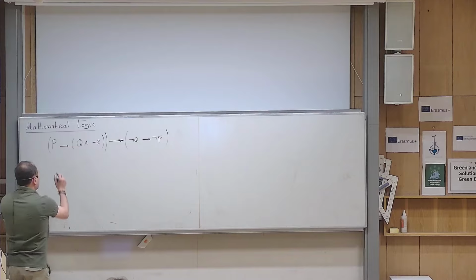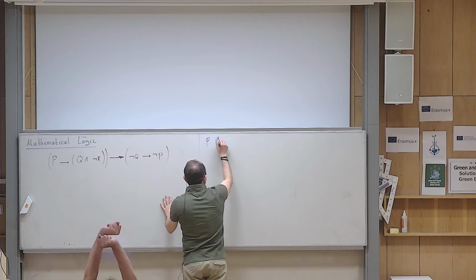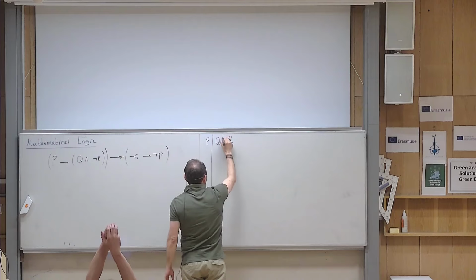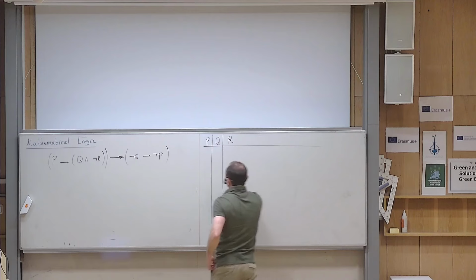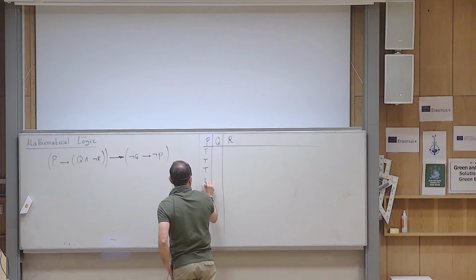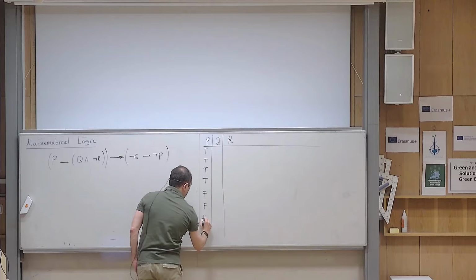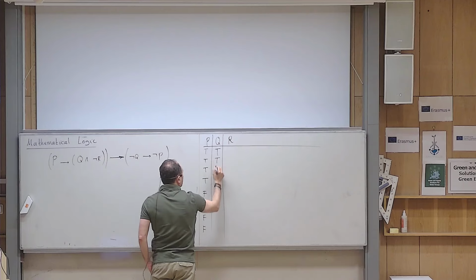P, Q, R. I will write it properly so that I don't need the horizontal line. So here I have T, T, T, T, F, F, F, F. Then T, T, F, F.